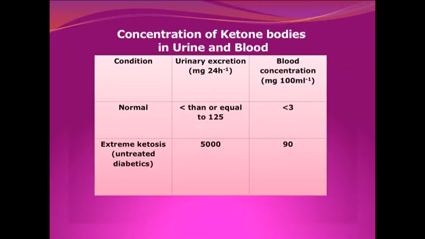Whereas in case of extreme ketosis, the value increases to about 5000 milligrams in 24 hours. Likewise, the blood concentration of the ketone bodies also increases from less than 3 mg per 100 ml of blood to 90 mg per 100 ml of blood in case of untreated diabetes mellitus patients.